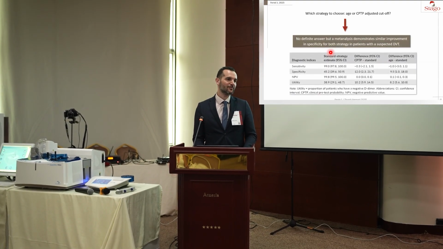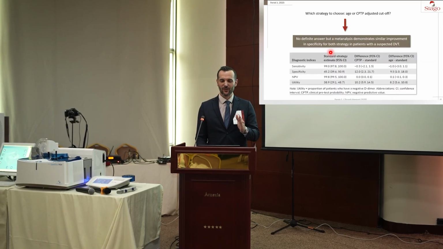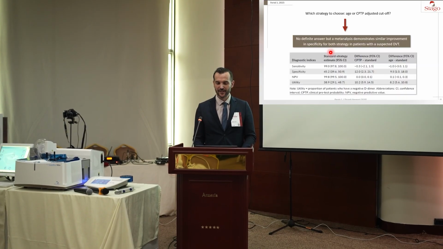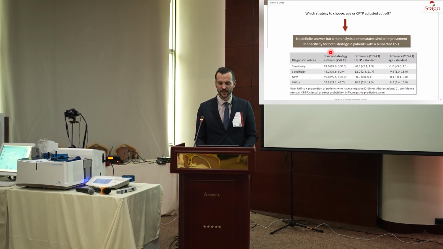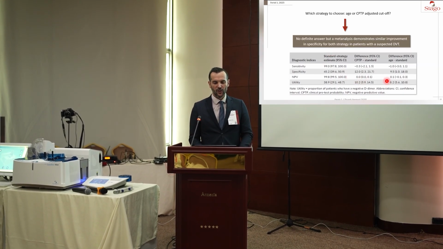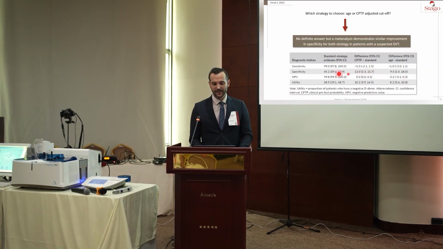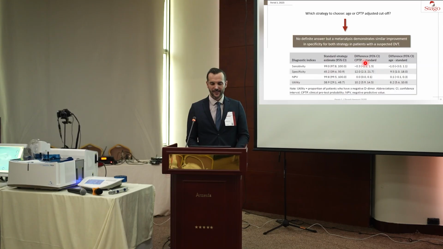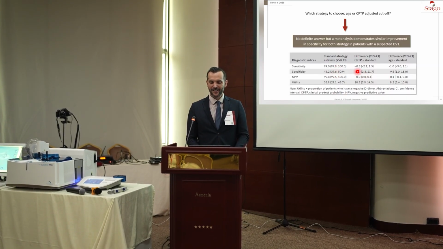Unfortunately there is no definite answer, but a recent meta-analysis demonstrates similar improvement in specificity for both strategies in patients with a suspected DVT. Basically in this table, you can see that when they applied the CPTP adjusted cutoff and the age adjusted cutoff, they had the same negative predictive value as the standard cutoff, and approximately 10% more specificity.